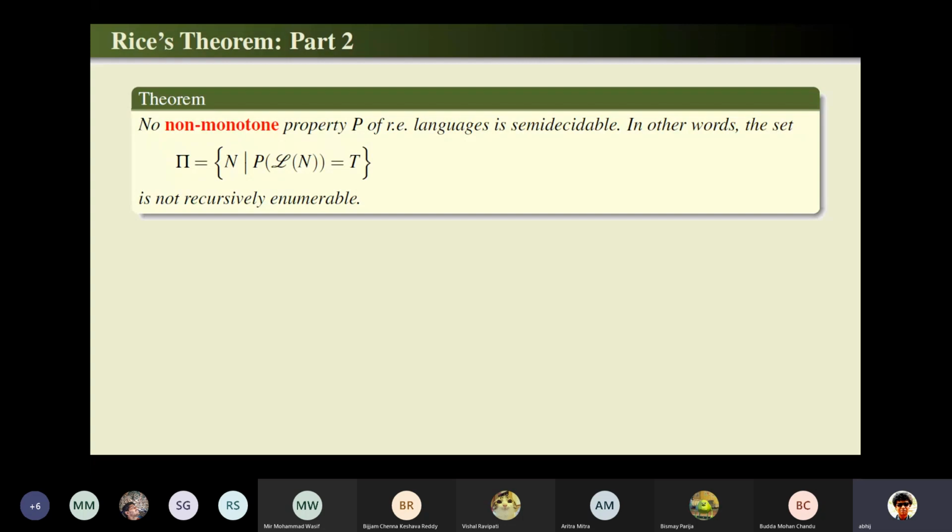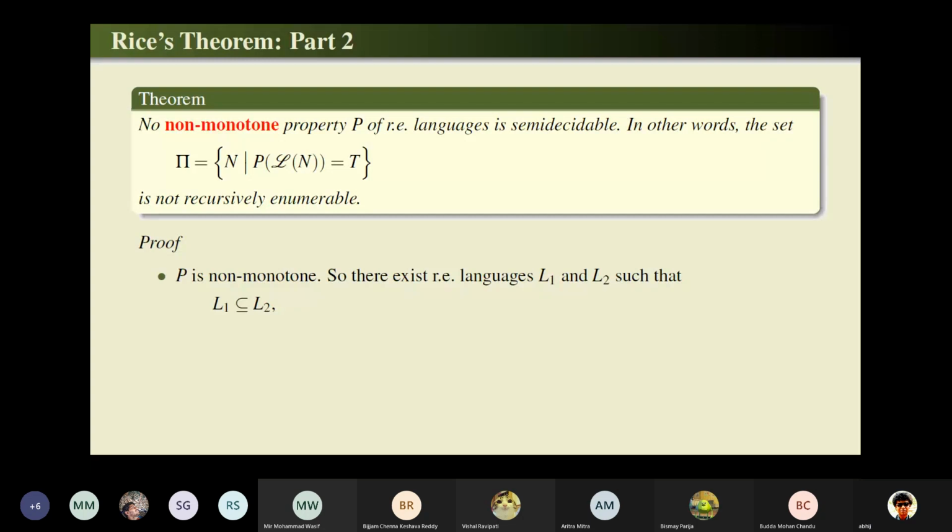Since this is a non-monotone property, we must have two RE sets, L1 and L2, such that L1 is contained in L2, the property holds for L1, but it does not hold for L2.